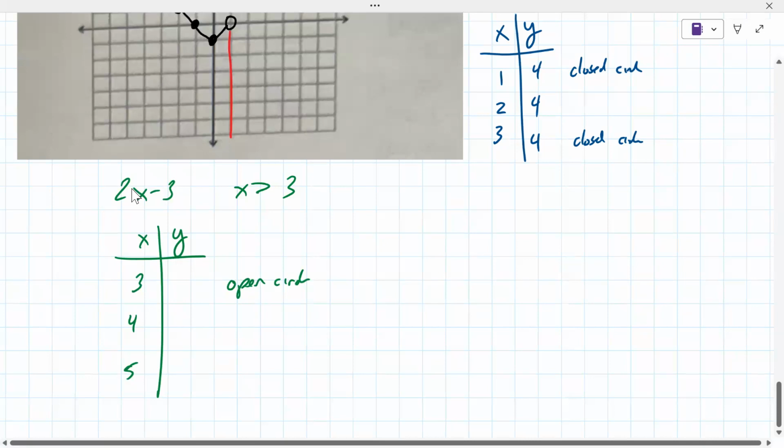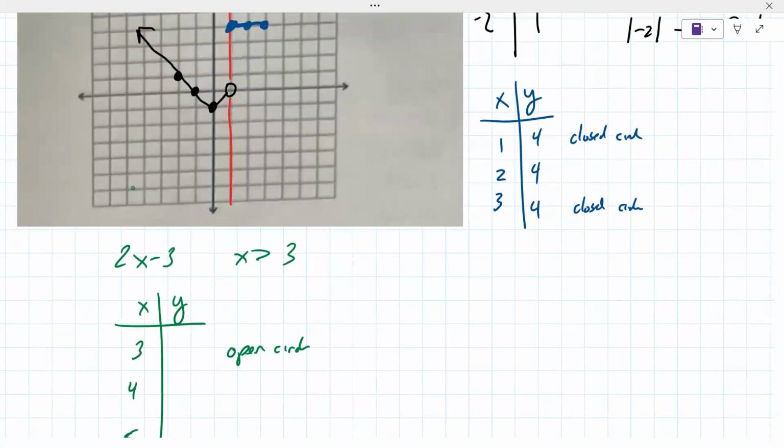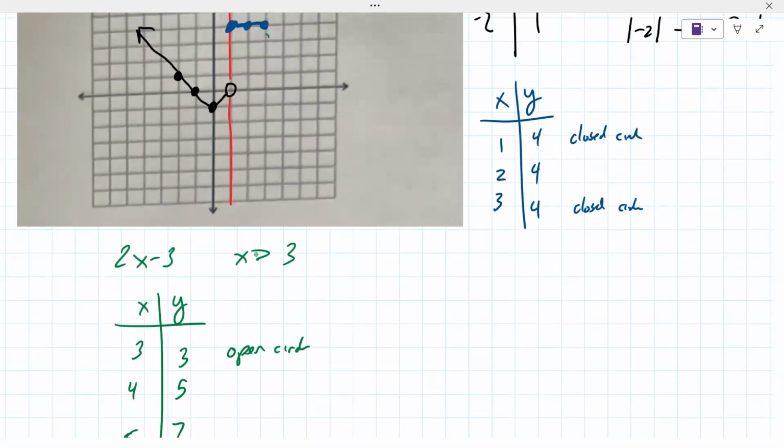3, 5, 7. So you got it. Okay. So we're going to go to 3, 3, open circle, 4, 5, which is not an open circle.